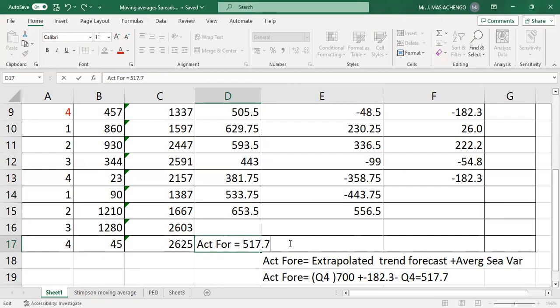So we have made a forecast now after factoring in the average seasonal variation.